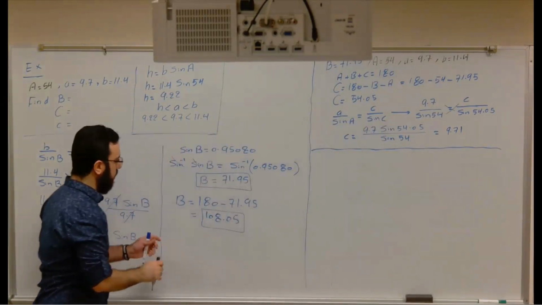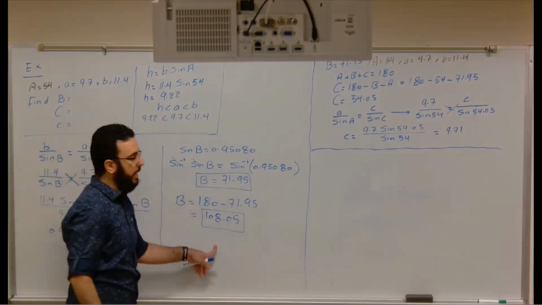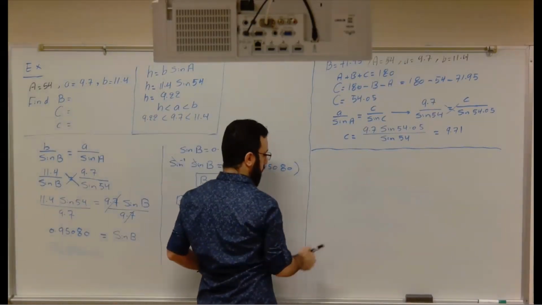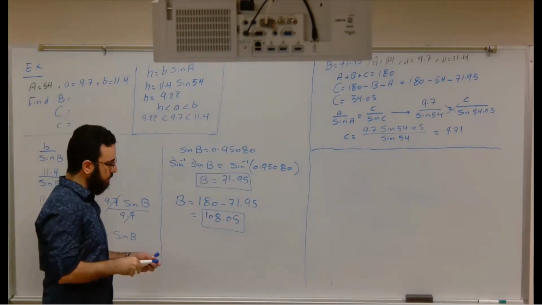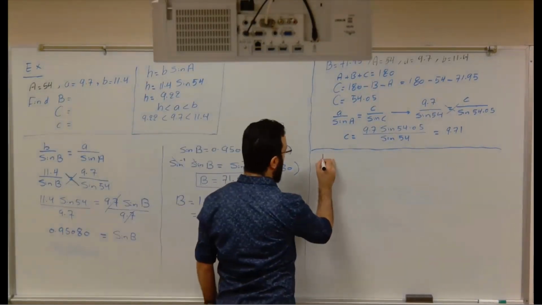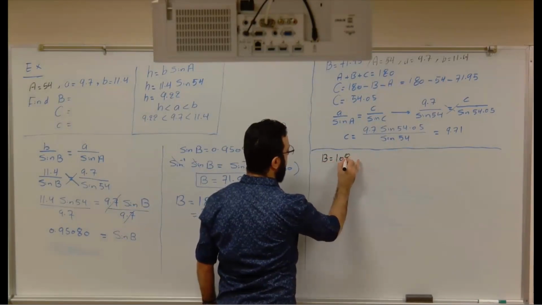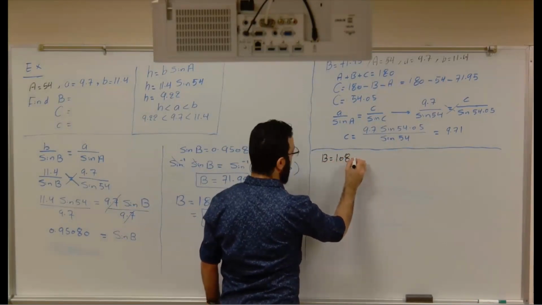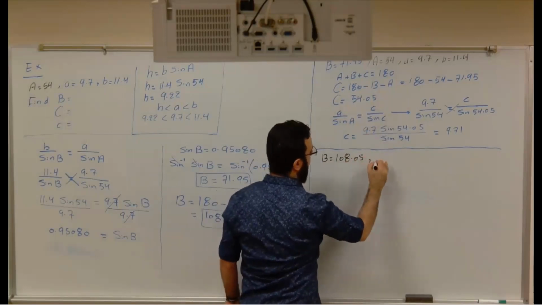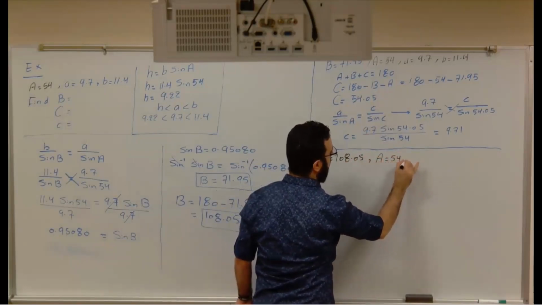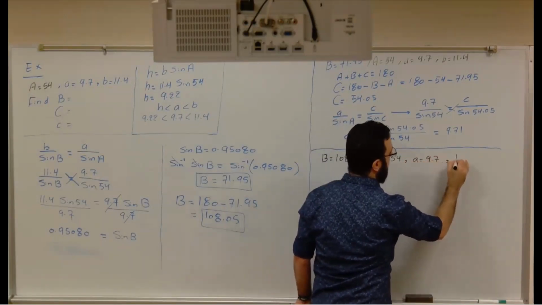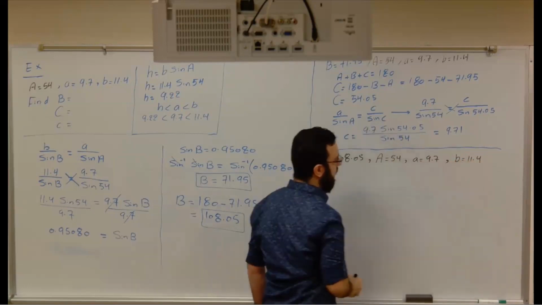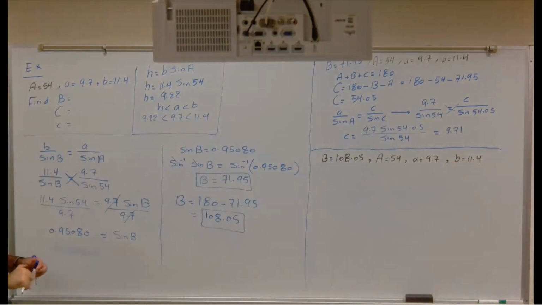Now the second case, when B equals 108.05, and I have A equal 54, and the side A is 9.7, and the side B is equal 11.4. You see now, this looks like just an example by itself.